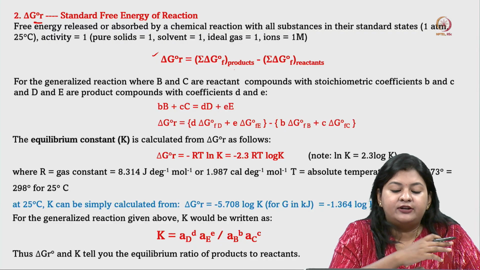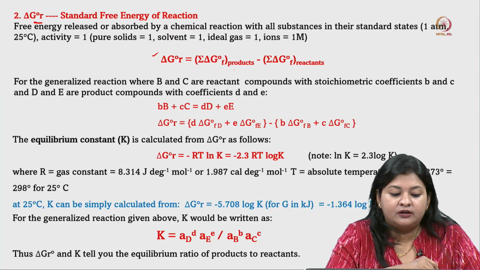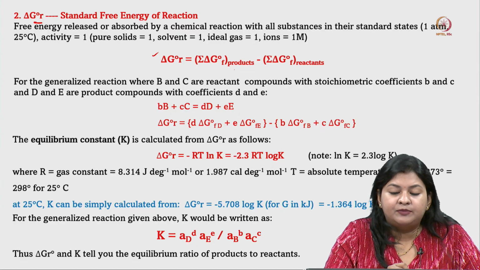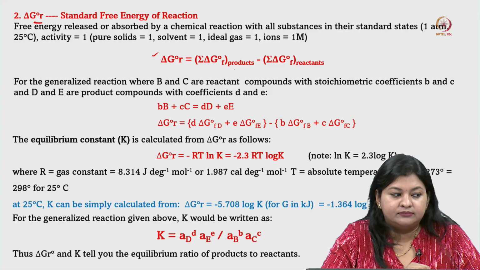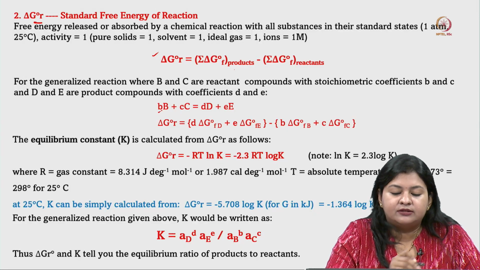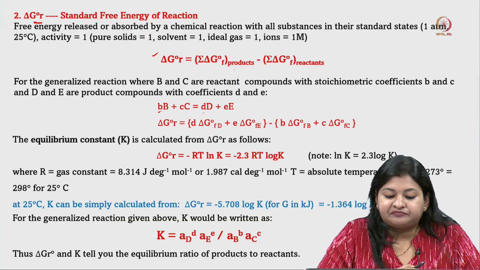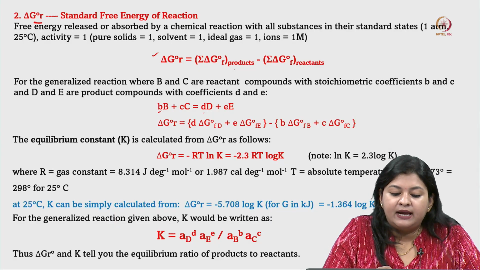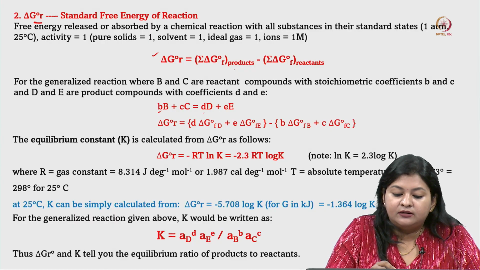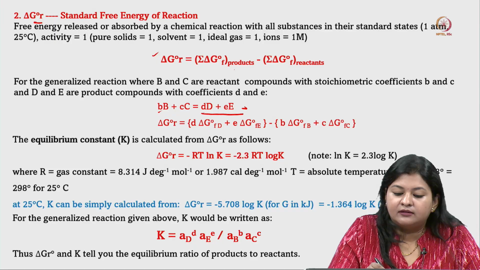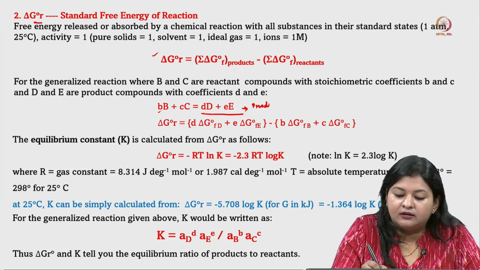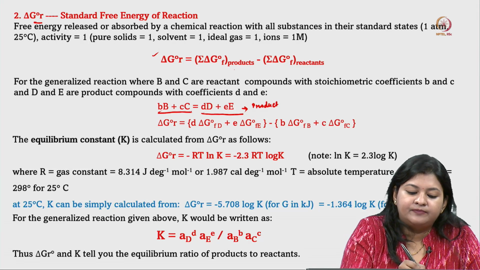For a very generalized reaction, let us see it in terms of a reaction. Suppose this is a reaction, b B plus c C is equal to d D plus e E, where you have these coefficients, small b, small c, small d and small e. How are we going to write it? We are going to just multiply by the coefficient. So, this is my product and these are my reactants.